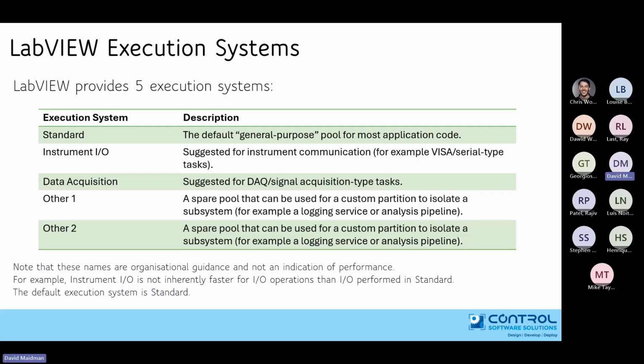In practice, there's no difference between any of these pools. The names are given as guidance to help you organize things logically, but you could put whatever you want. So the data acquisition thread isn't better for data acquisition than the other one, for example. These are our execution systems that we get to play with.